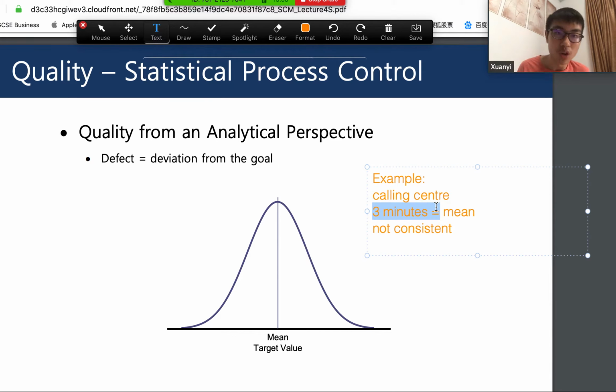So when it's 3 minutes, we think this is the best time that we compromise between those customers who require more help and who require less help. But definitely when it's reality, when we're really working on our business, when the mean value is 3 minutes, it's really hard to achieve. So let's say mean value is 3 minutes.